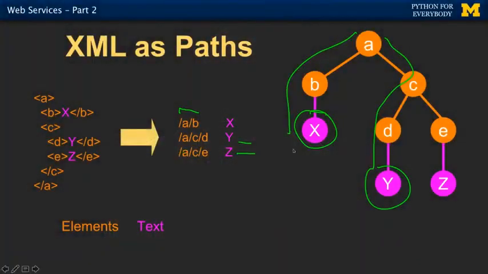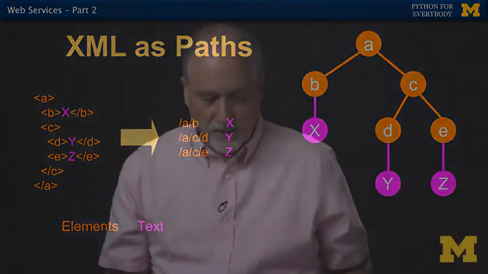And you could think of this as like folders on your computer. The A folder, then there's two folders within A, which are B and C, the children folders. And then within C, there's children folders D and E. And so like this one here is ACE. And then you say, what's living there at ACE? The text that's living at ACE is Z. And so that's another way to think about XML.